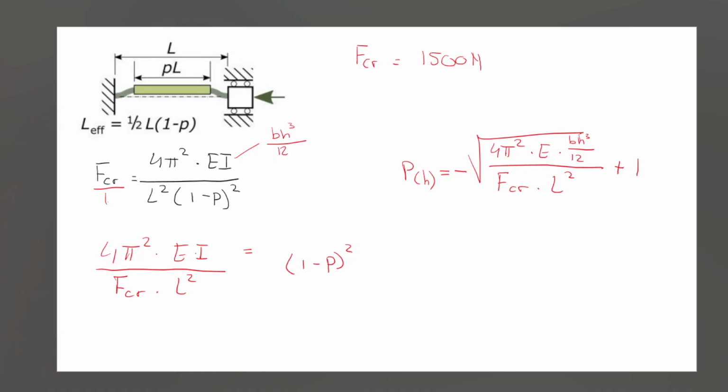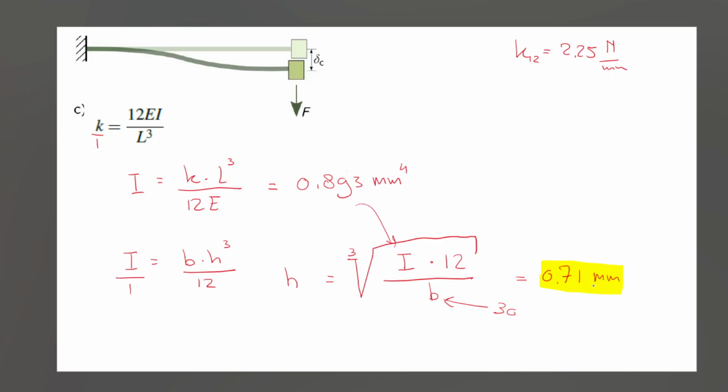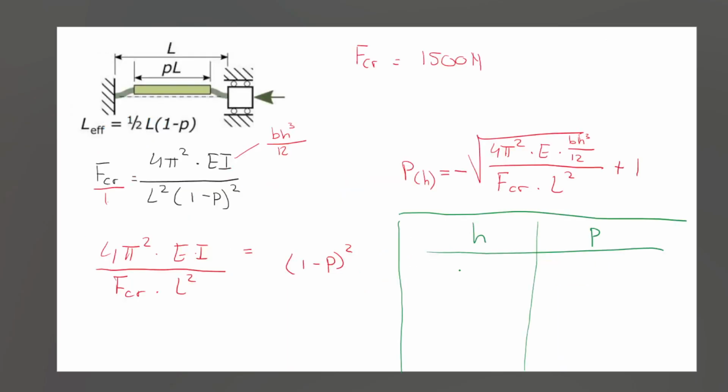Now let's write down over here what the answers are for different values of h. We'll make a little table. So for values of h, what's the p-value? Of course we know 0.7 is the absolute maximum. So write down 0.6, 0.5, 0.4, 0.3.